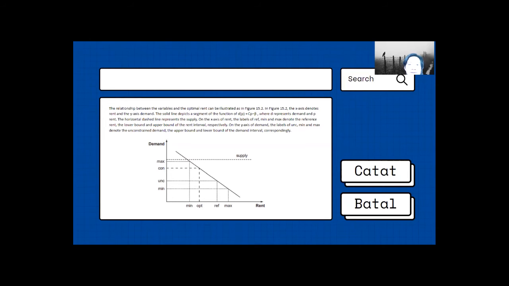The labels of rent, min and max denote the reference rent, the lower bound and upper bound of the rent interval respectively, on the x-axis of rent. The labels of demand, min and max denote the unconstrained demand, the upper bound and lower bound of the demand interval correspondingly on the y-axis of demand. And the picture shows the statistic in demand and rent.